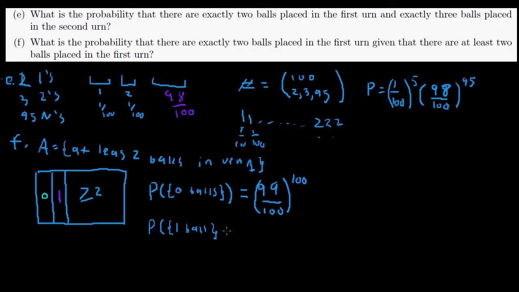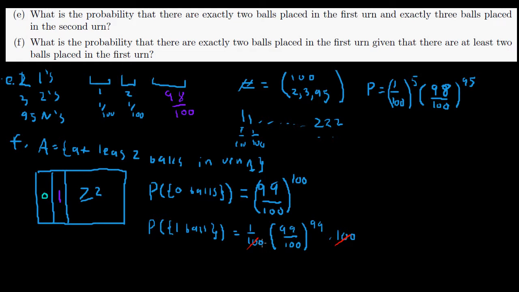The probability of 1 ball is I would have to get urn 1 once, so 1 over 100, and then I could get any other urn 99 times, so 99 over 100 to the 99. Then how many ways are there to do this? There are 100 ways of doing this because I have 100 choose 1. So this nicely cancels out. So we have 99 over 100 to the 99.